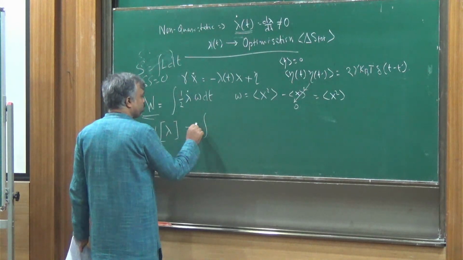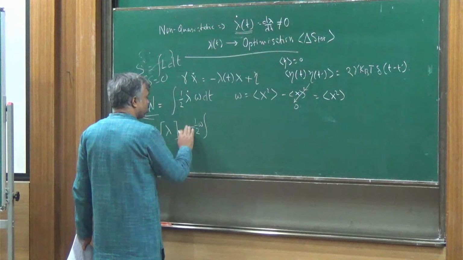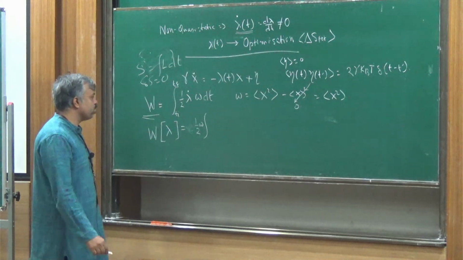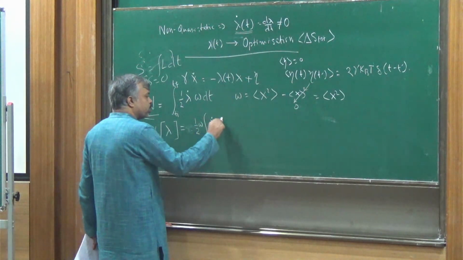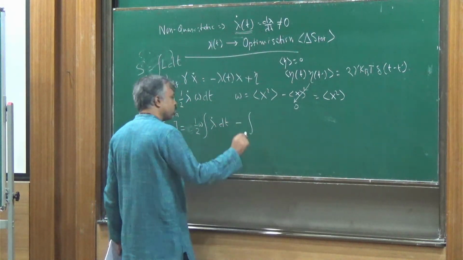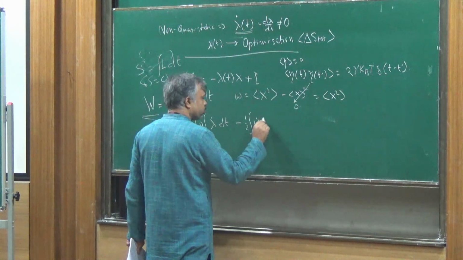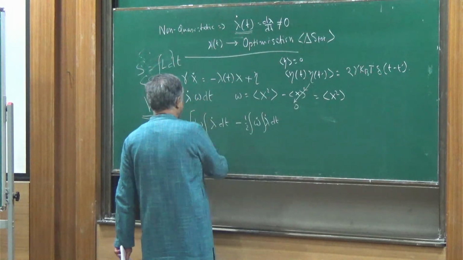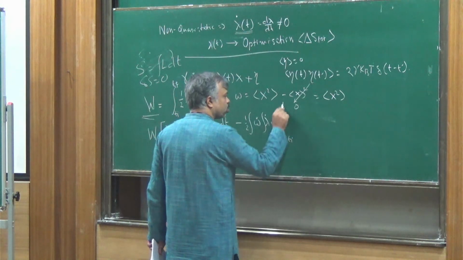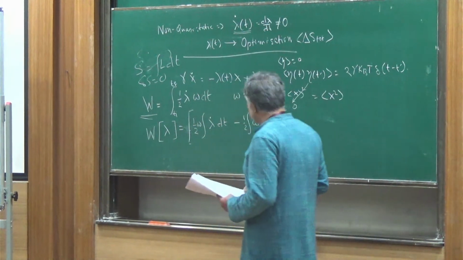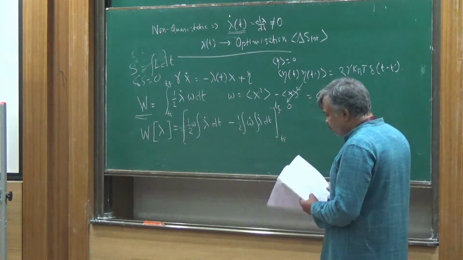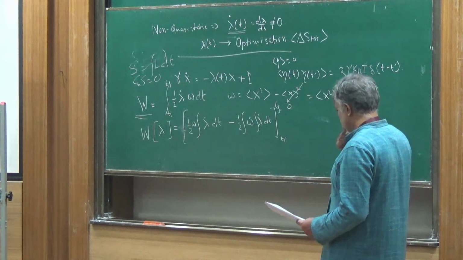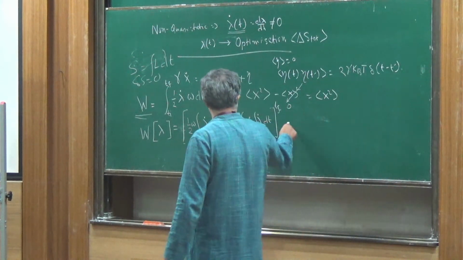So our first step is to do an integration by parts here. This is from some initial time to some final time, say Ti to Tf, lambda dot dt minus omega dot. So this I did just as the integration by parts.